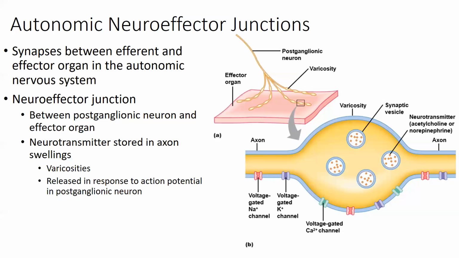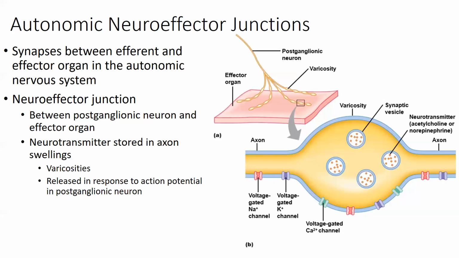That's going to cause a process called exocytosis, where these vesicles move to the membrane, right? And then dump their contents out into the synaptic cleft here at the neuroeffector junction. So they're going to dump this neurotransmitter out into the cleft here, and it's going to have to cross.